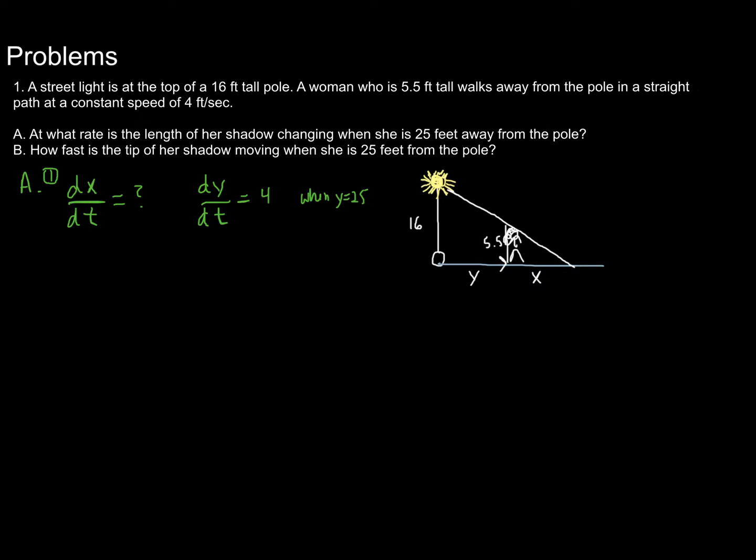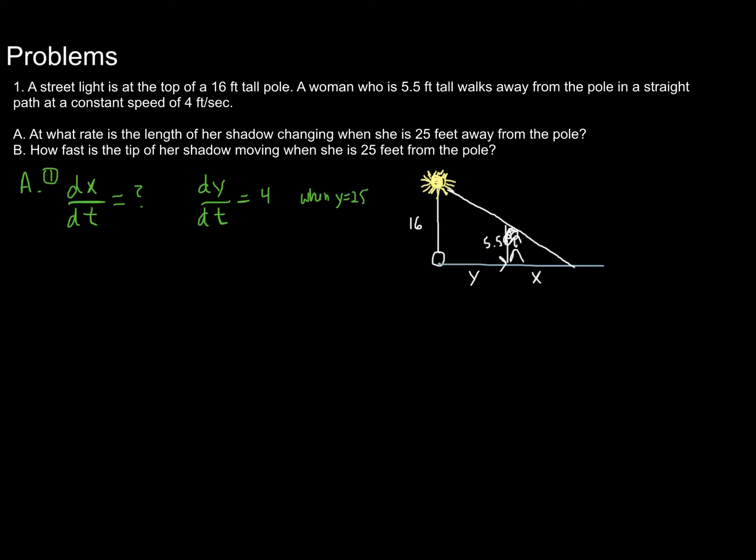So here's where I'm going to need to utilize similar triangles. Notice here that I have a large triangle, and this large triangle has a vertical side length of 16 and a horizontal side length of y plus x. Inscribed inside this triangle is a smaller triangle with a vertical side length of 5.5 and a horizontal side length of x.